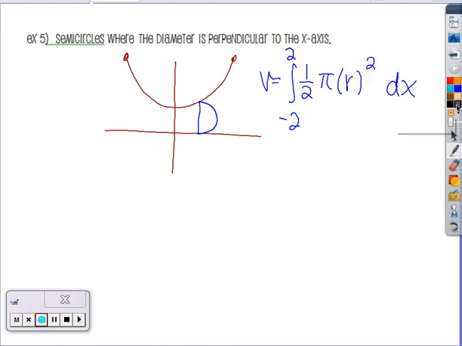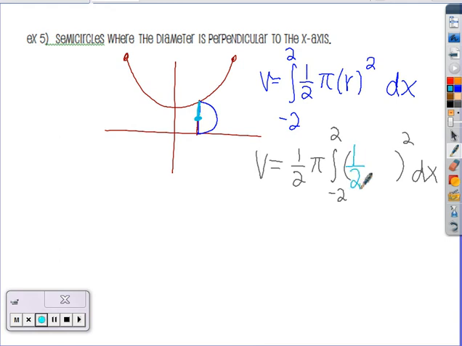So let's start off with a few things. If you want that 1/2 pi out of the way, you can move it, because now you realize you only need that r. Now the radius is not this whole piece. That's the diameter. We need the radius. We only want half of it. So I would need half of the 4x squared plus 1.